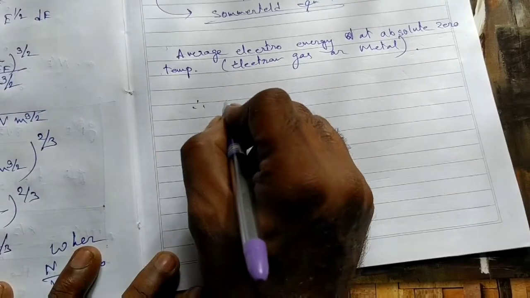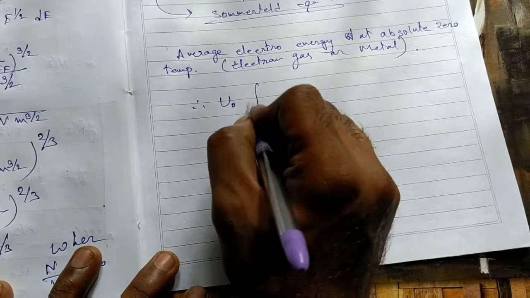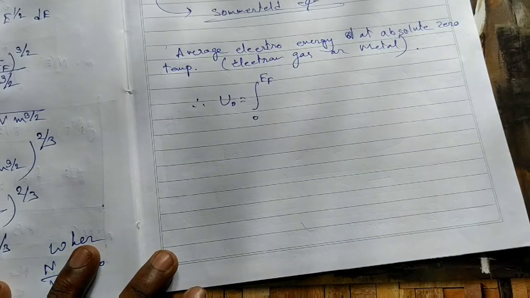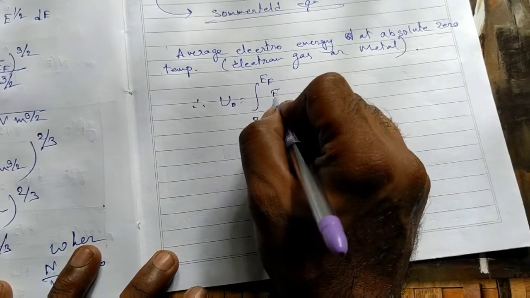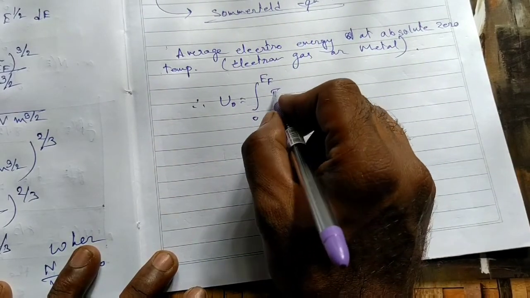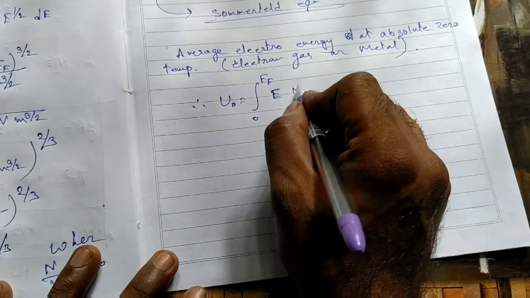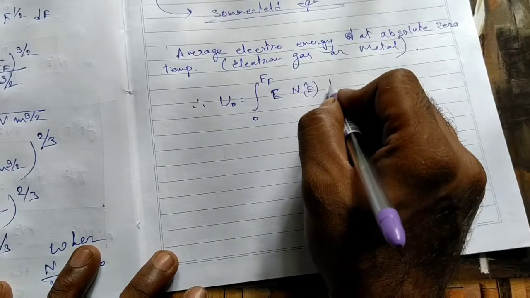So for the average energy, obviously the limit of the electron energy is 0 to EF. Suppose E is the energy of each particle and N is the total number of particles.